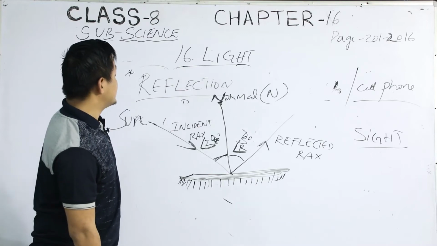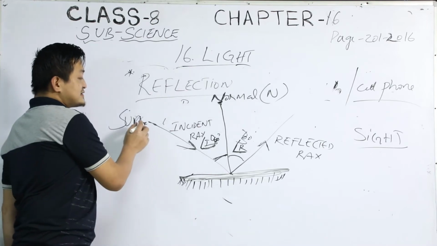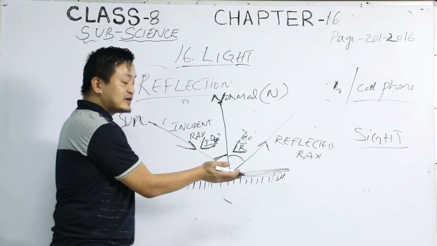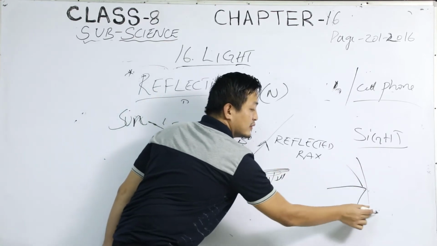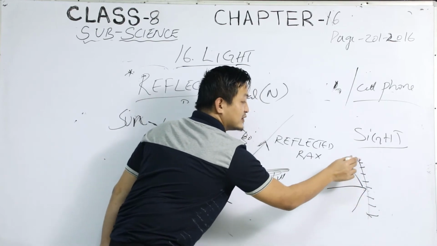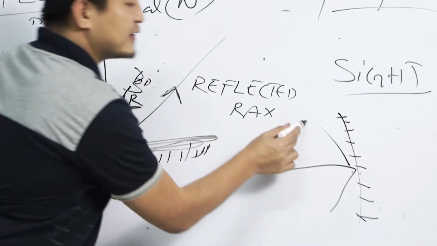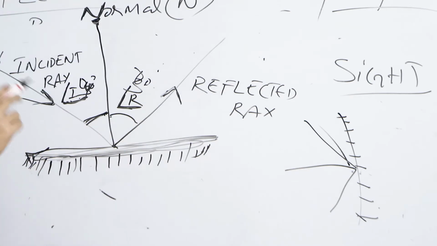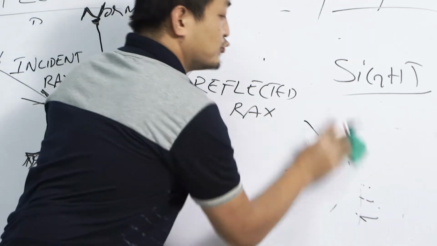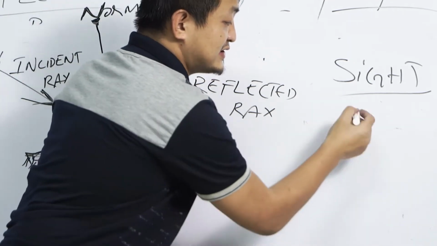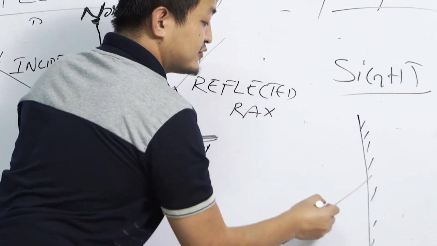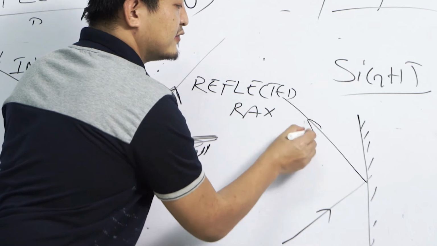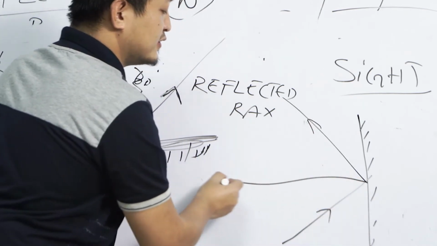Clear? And students, you can imagine this is a plane mirror. It's the same thing, but I'm showing you in other ways as well. See, this is the plane mirror, this is the incident ray, this is the reflected ray, and this is the normal.